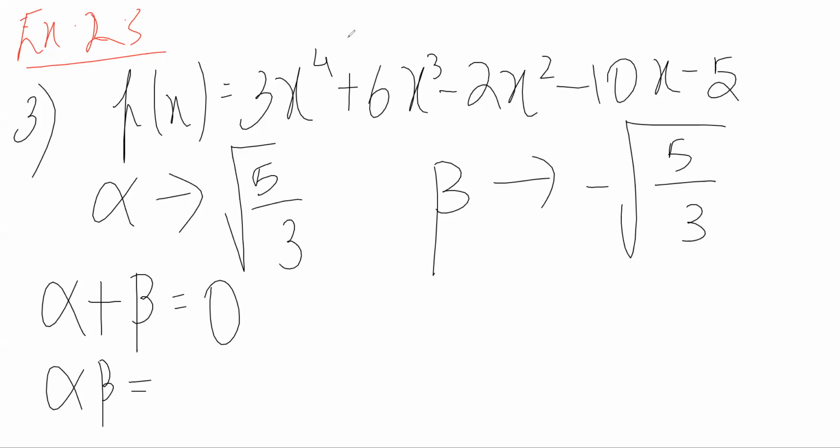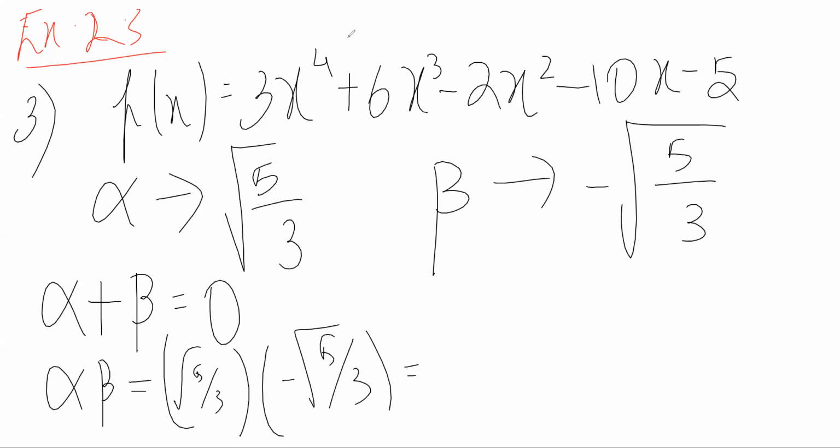Alpha into beta is root 5 by 3 into minus root 5 by 3. That is minus 5 by 3. Okay. So the product is minus 5 by 3.